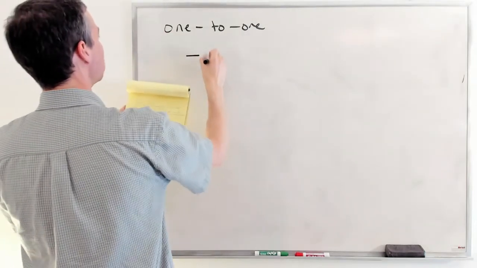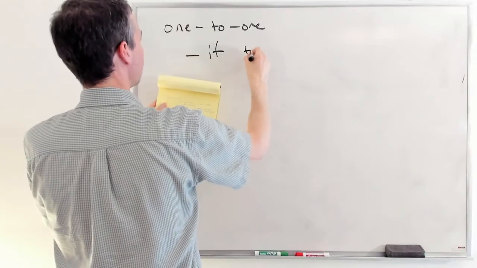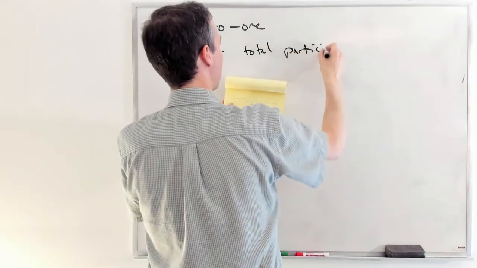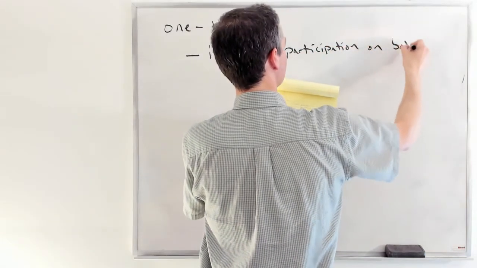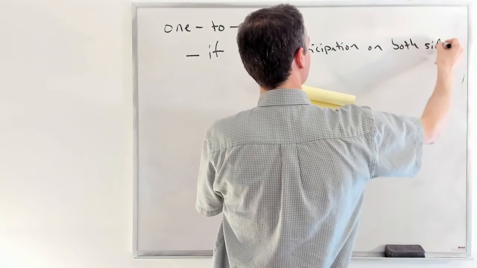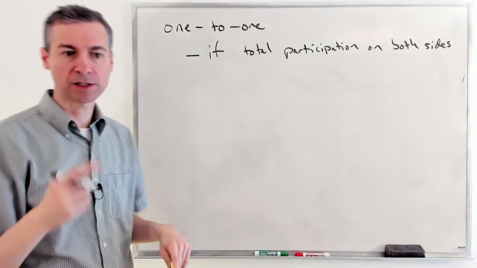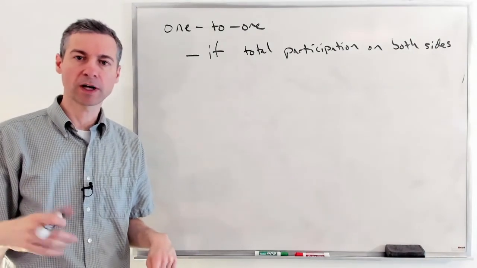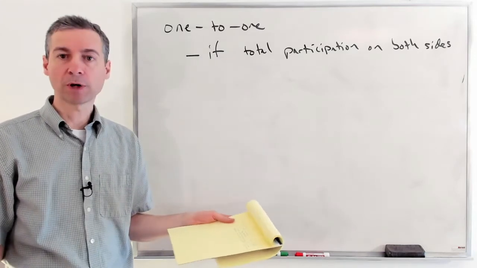Anyways, so you can do one-to-one if you have total participation on each side. So if we have one entity here going over to another entity on the other side, and we've got total participation, no problem at all.